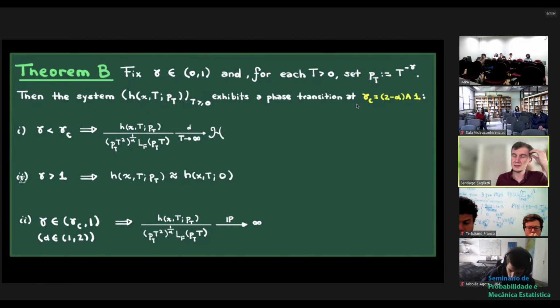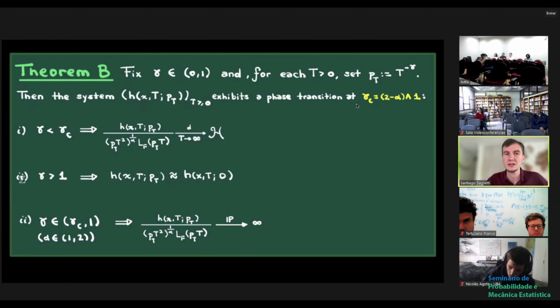That means that if I change t, I change the model, because the sticking parameter depends on t. So for each value of t, I'm looking at a different model.